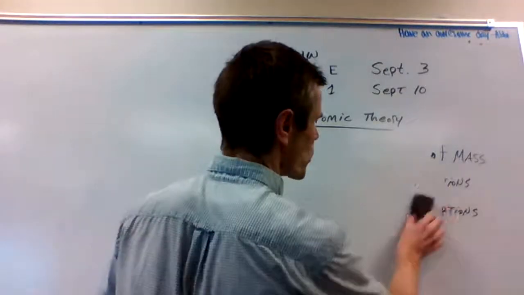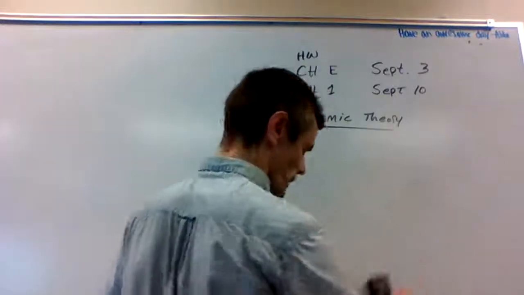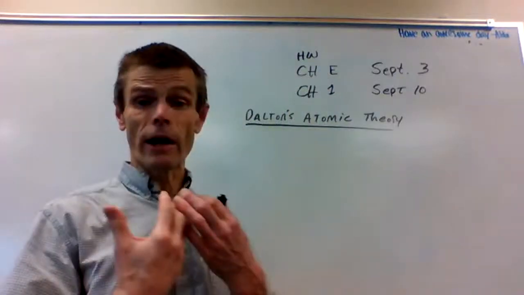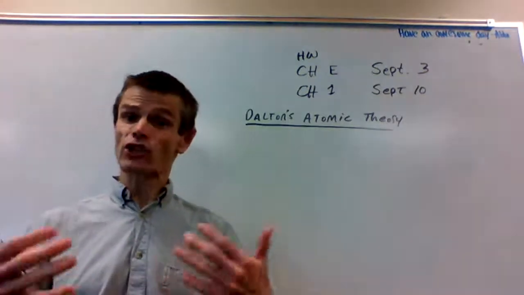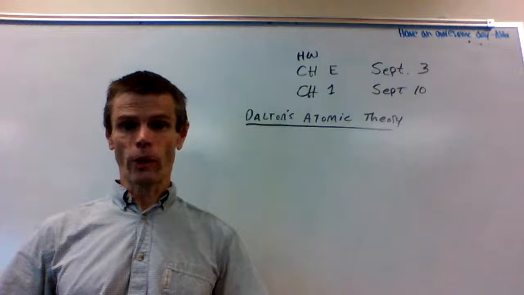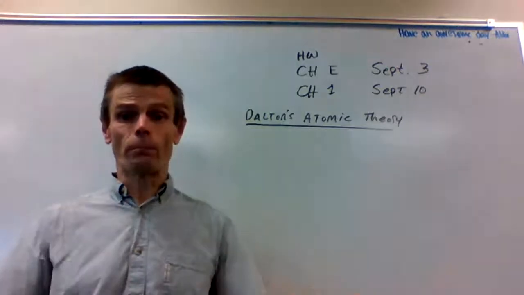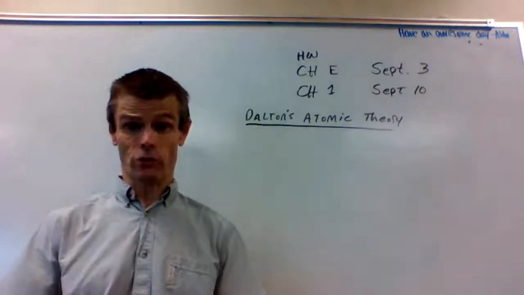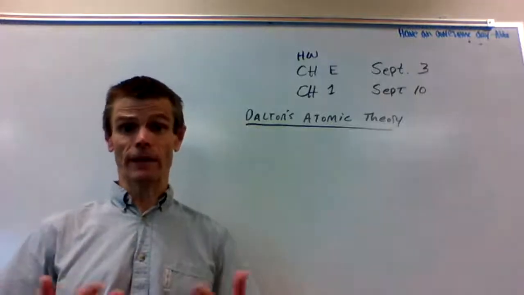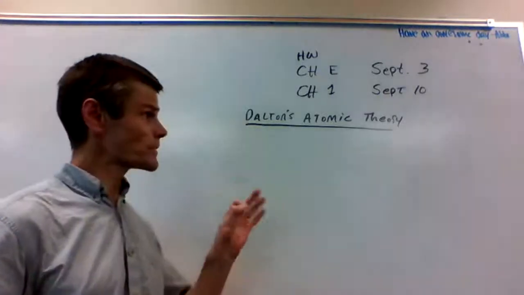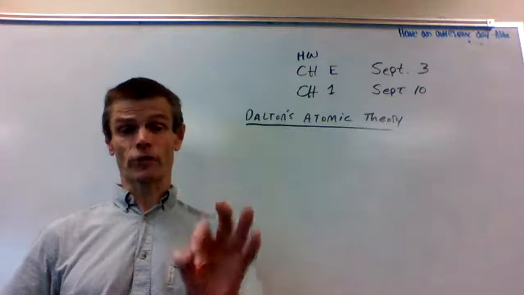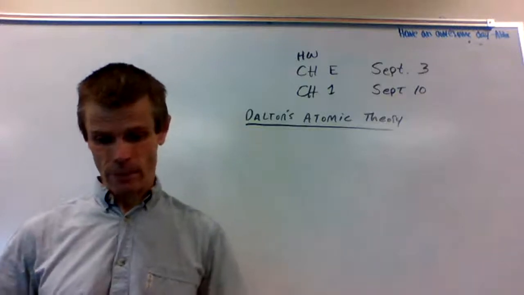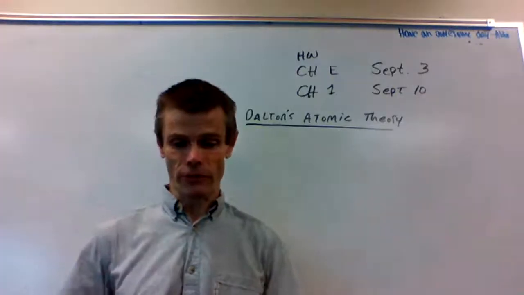And one thing that's important about a theory is that theories can change over time with the use of more sophisticated instrumentation and techniques in science. And that's exactly what we're going to see when we discuss Dalton's atomic theory.